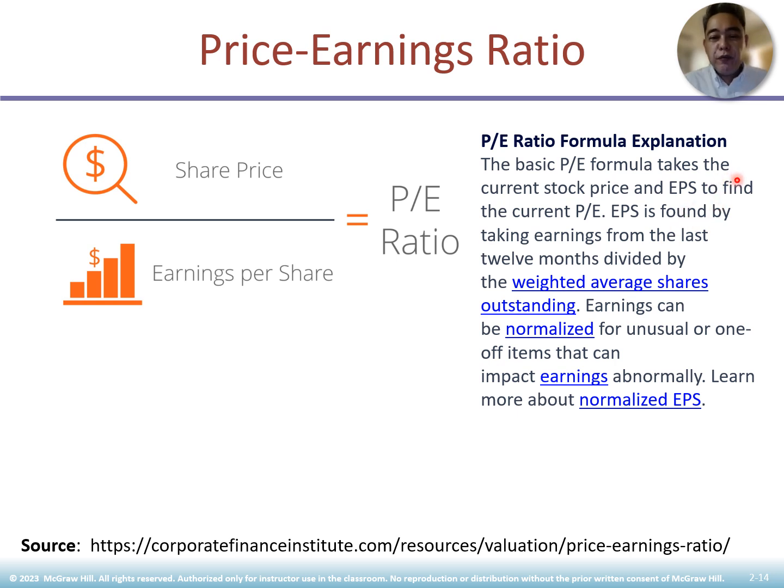So the basic formula takes into account the stock price to find the current PE. EPS is found by taking the earnings from the last 12 months divided by the weighted average outstanding shares. Now, you would say the PE ratio for, say, a Yahoo stock or Apple is being posted every month.